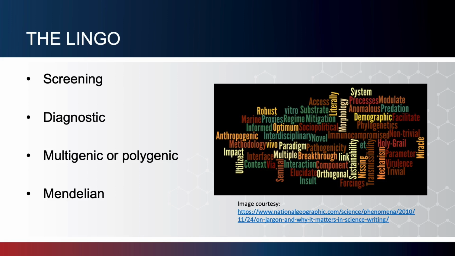If you have cystic fibrosis, you have changes in the CFTR gene. A common example of polygenic or multigenic disease would be something like heart disease. We know that a fair amount of heart disease, or our chances to develop heart disease, are actually based on a bunch of different genetic locations that can run in families. So you can see a family that has a lot of heart disease or a family that has almost no heart disease.